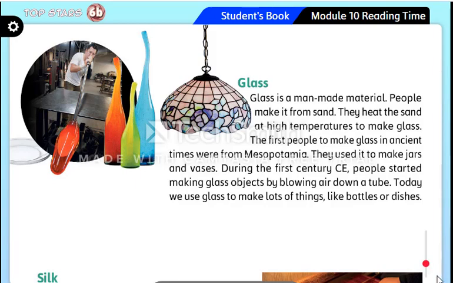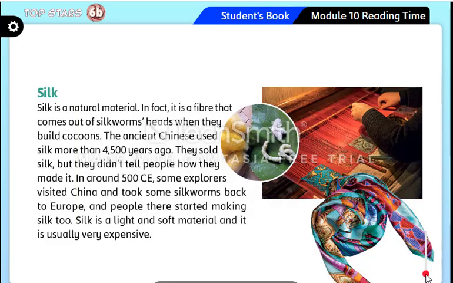Number 3. Silk. Silk is a natural material. Silkworms produce this fiber when they build their cocoons. The Chinese were the first people to make and use silk.